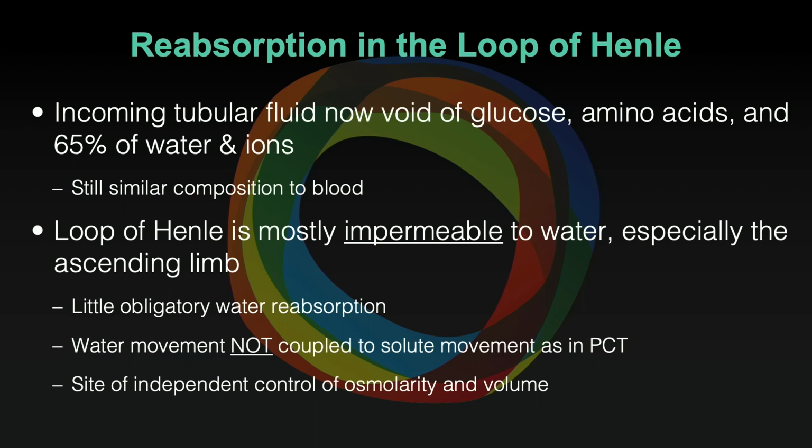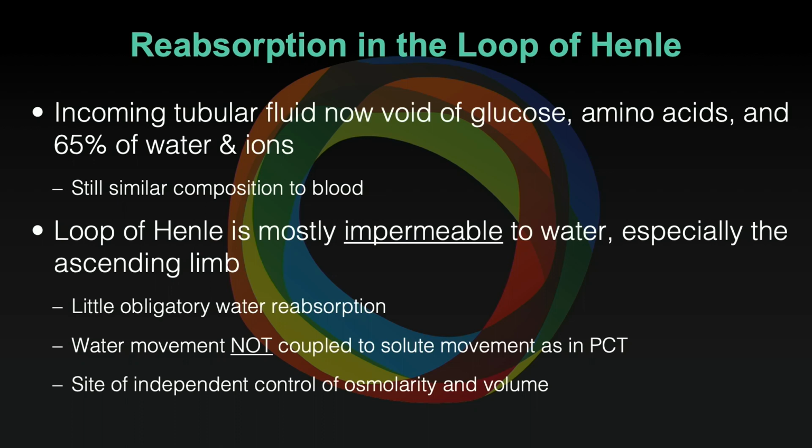Some water can be reabsorbed in the long descending loop of the loop of Henle, or the descending arm, but the ascending arm is essentially impermeable to water. It's not impermeable to things like sodium or chloride, where those ions still are moved out. We still have movement of some ions.